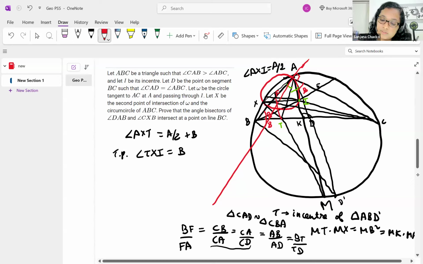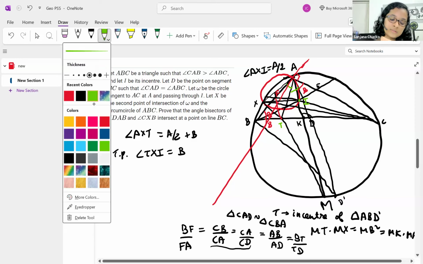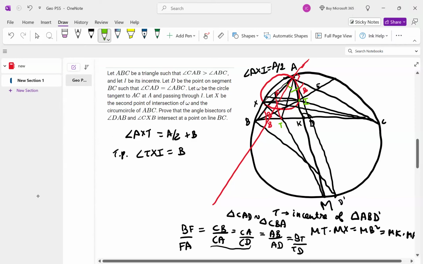So you have that TF is parallel to AD, and you want to show that TXI is equal to B. But now that you have TF parallel to AD, can you say anything else? Can you get any nice angles here? One thing is that BAD is tangent to AC and FT is parallel to it. But it's not tangent to AC anymore, it's not as nice.